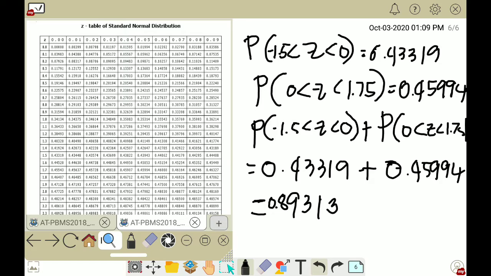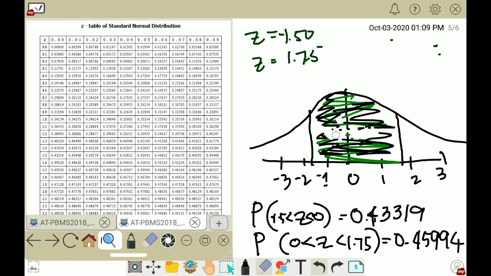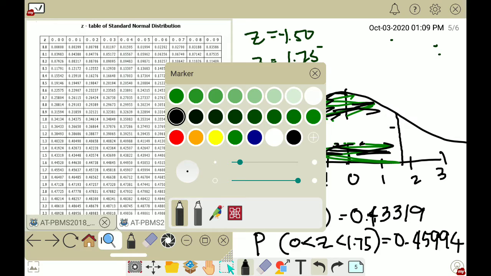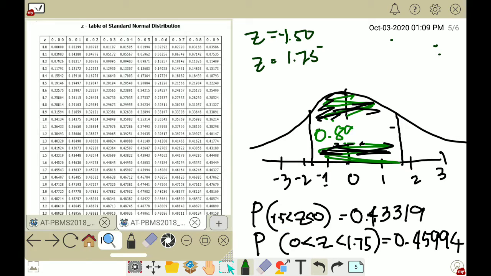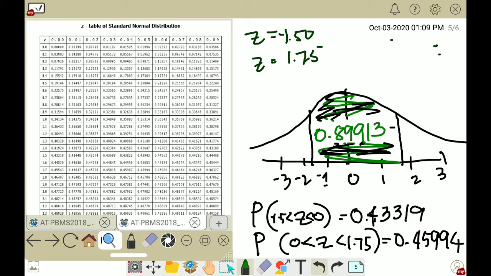That's the area that covers this part. So this area has an area of 0.89313. Okay.